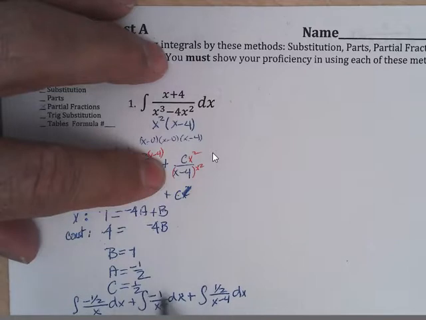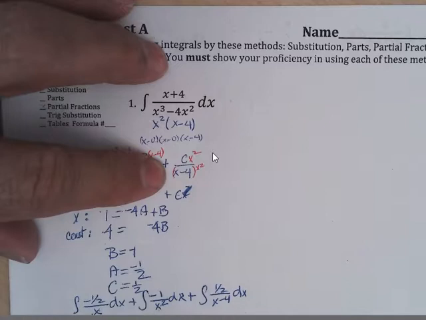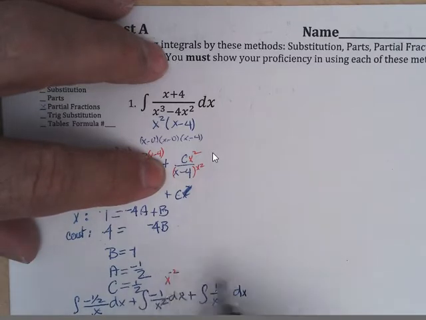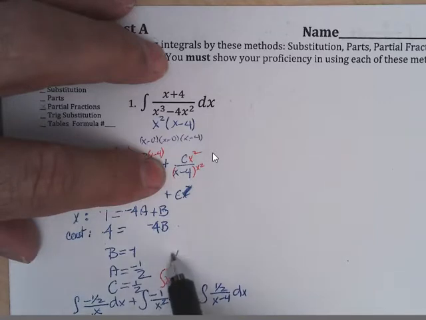And this is not linear, it's x squared, so that's like x to the minus 2. So if I find the antiderivative of x to the minus 2, I add 1 to this, and that makes x to the minus 1, and I have to divide by that minus 1.